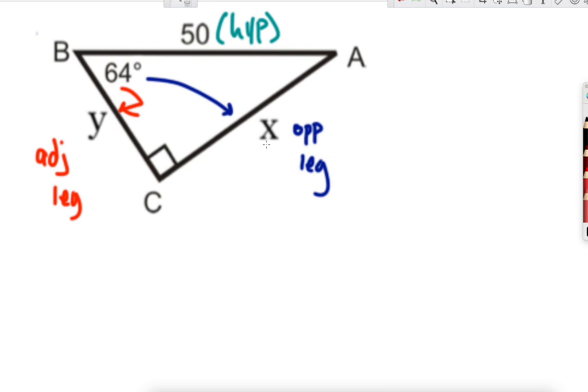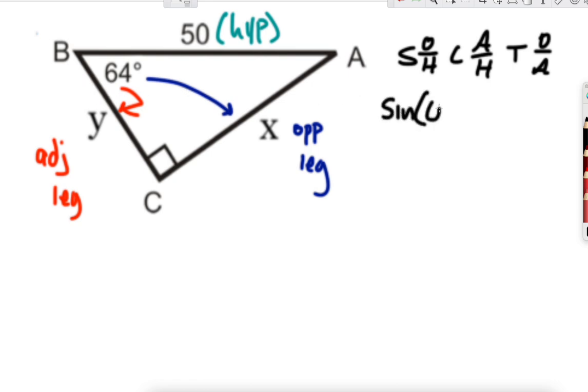So which function do we use for opposite and hypotenuse? SOHCAHTOA. Opposite and hypotenuse, that's SOH. So we're going to go sine, what's our angle? 64. Equals, what's opposite? X. What's the hypotenuse? 50.